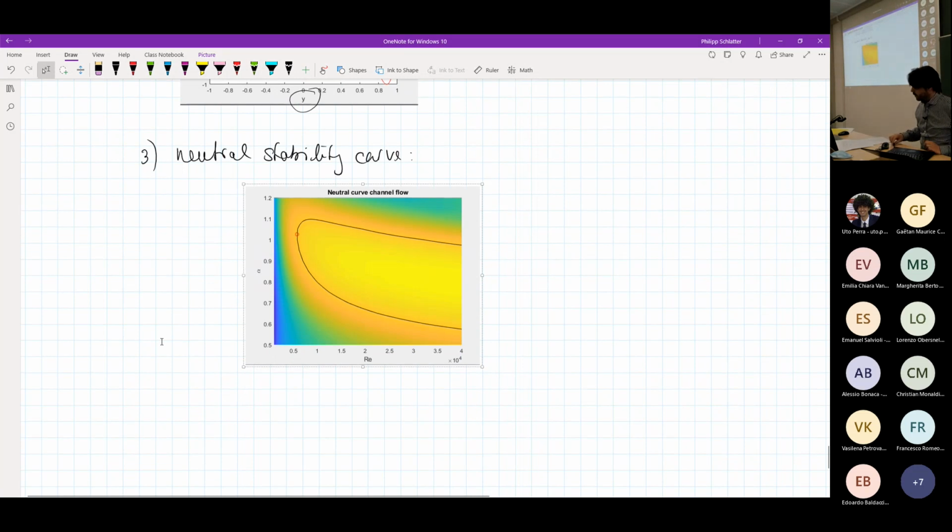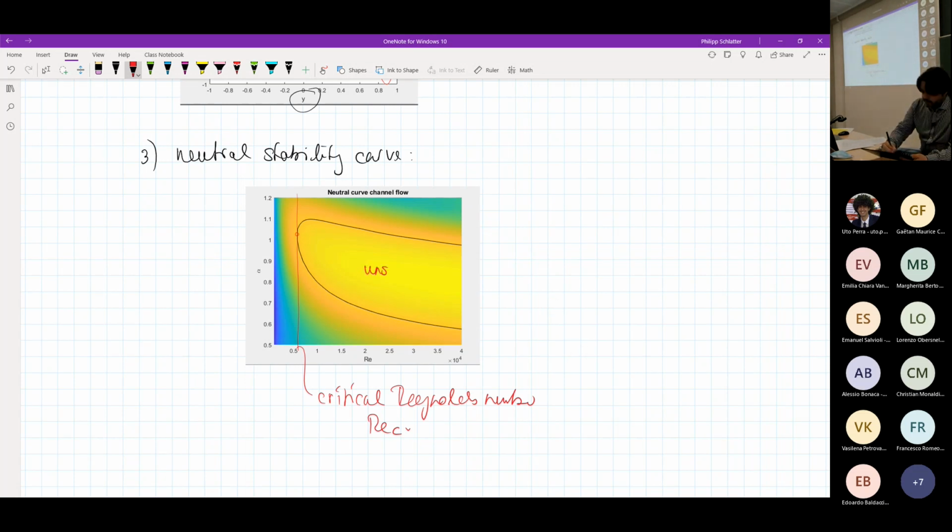So something like that. And of course, here you can now directly see that this line here would correspond to the critical Reynolds number, Rc. And in this diagram, everything inside this curve would be unstable, and outside it would be stable.